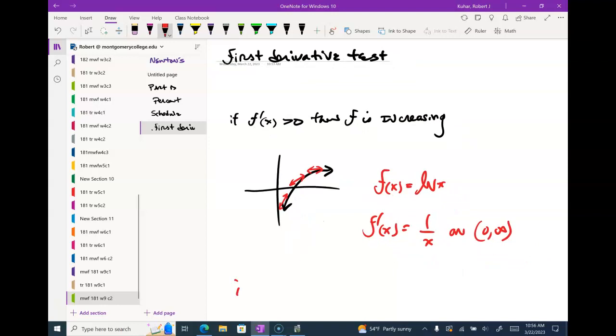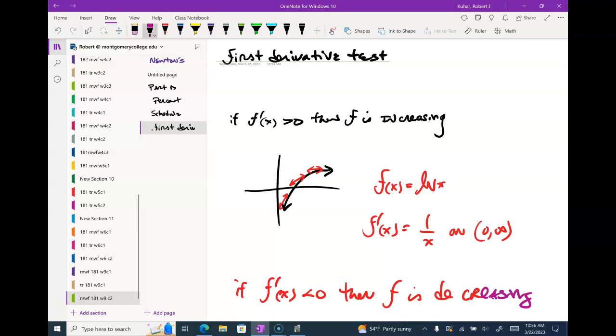If f prime of x is less than 0, then f is decreasing. And of course, we're cheating, and I don't mind cheating because they've been cheating forever with this stuff, meaning they could graph functions pretty early by plotting points.